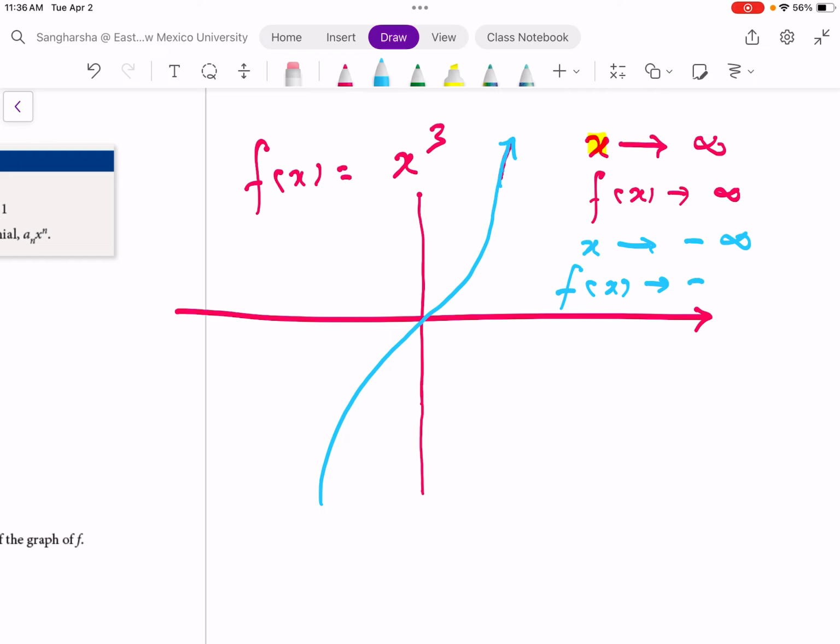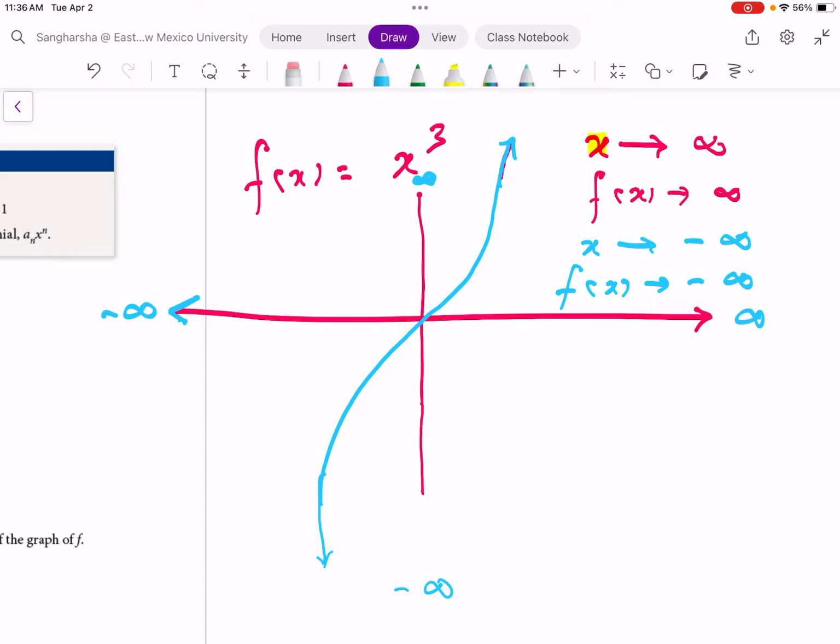What it means here is that as we go all the way to the left, negative infinity, our graph goes all the way down, toward negative infinity.